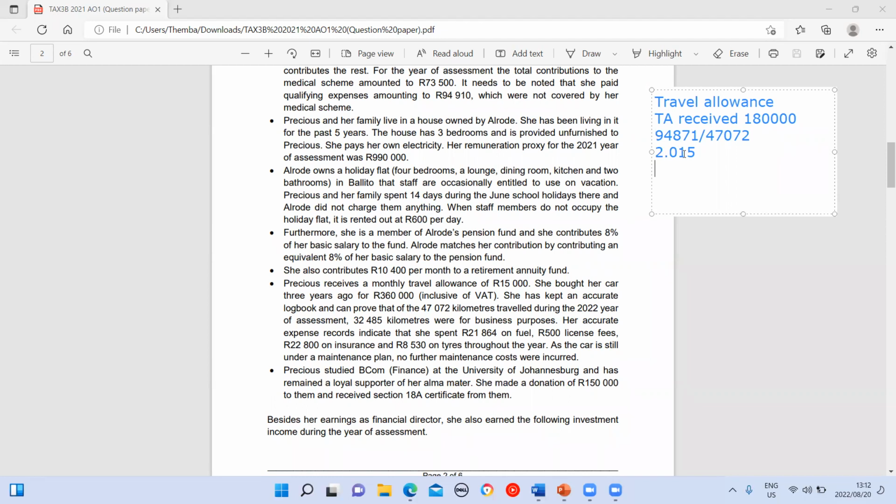In the table, the fuel cost is 135.8 cents, so it's going to be 135.8 divided by 100, because it's cents converting to rands.